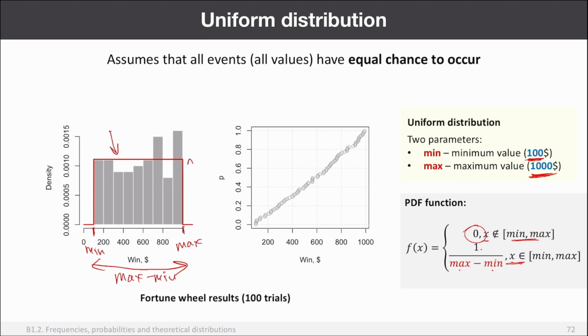So therefore, in order to get area equal to 1, this density should be 1 divided by max minus min, right? And the density should be the same because the chance to get any outcome is the same. So the density for all these outcomes is the same, okay? So this is the probability density function. And then you can see it actually fits our data very well.